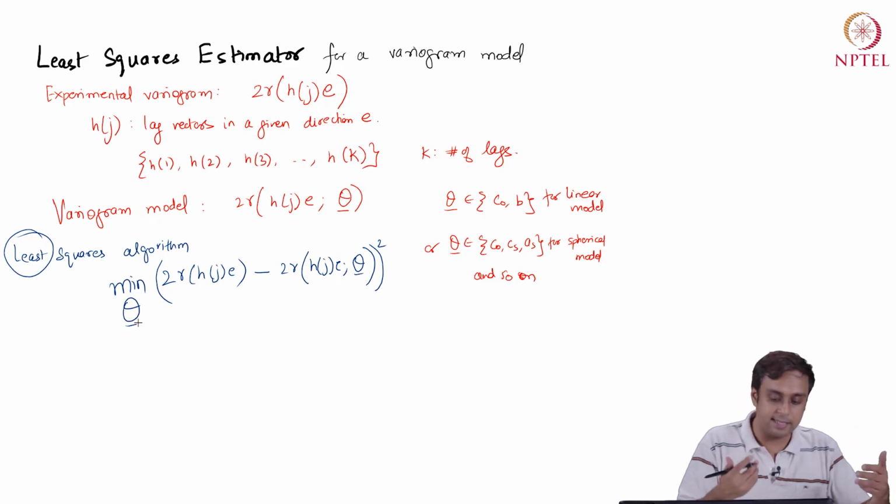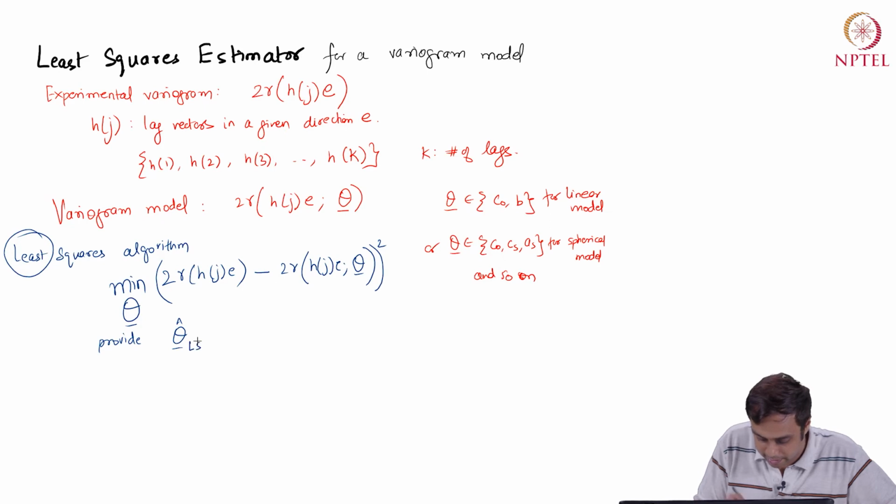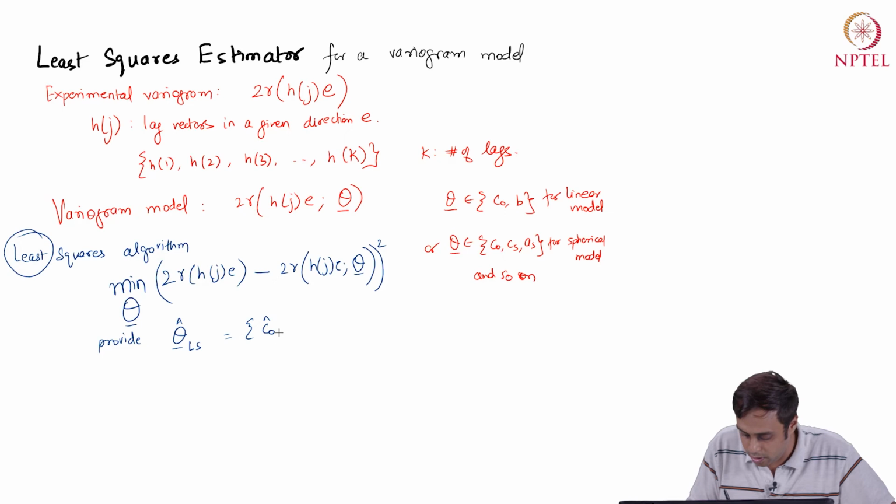So, this exercise will provide theta hat least squares, that is going to be, let us say, C O hat least squares and B hat least squares.